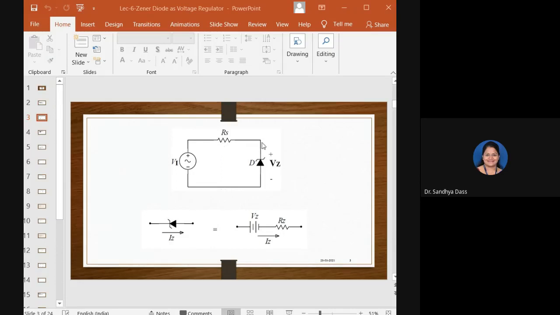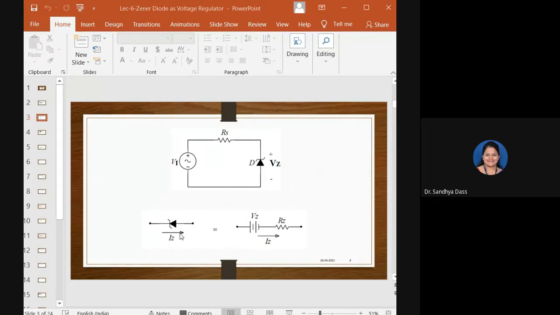We understood that the voltage across the Zener diode is maintained constant at its breakdown voltage Vz, as long as the Zener current Iz is within the range between minimum Zener current and maximum Zener current.